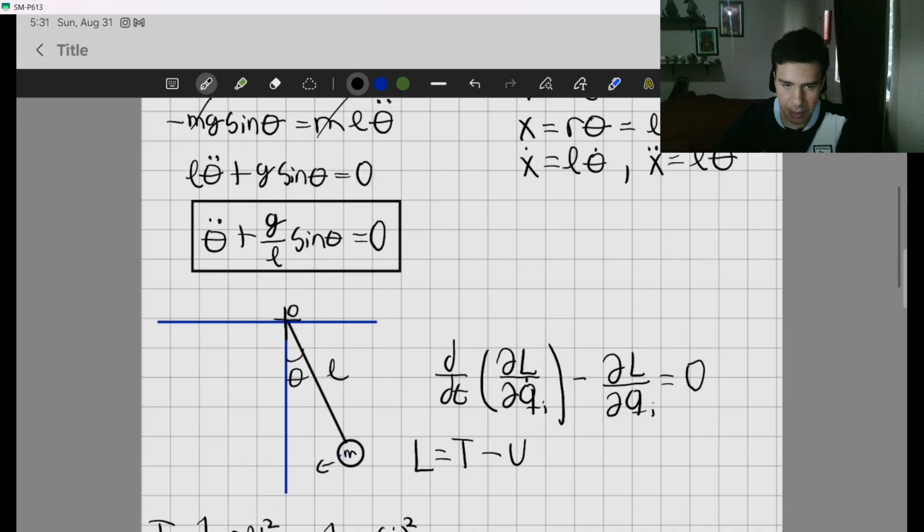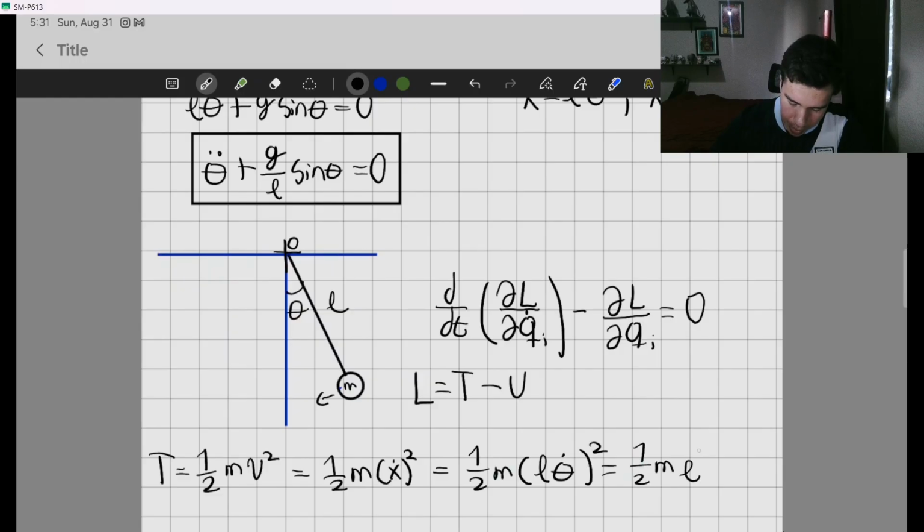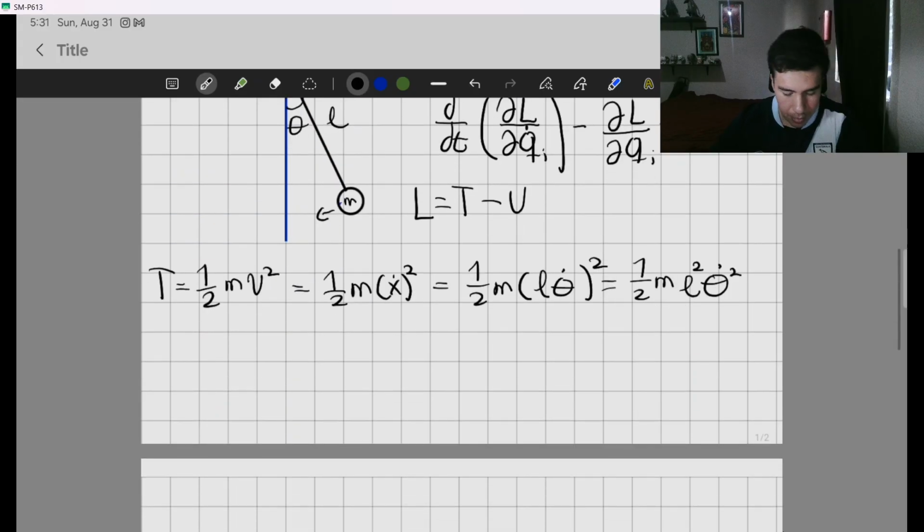It will be easier also to work these problems in polar coordinates. So changing this part right here, 1/2 of m l theta dot squared, it will be 1/2 m l squared theta dot squared. So this is the kinetic energy of our system.